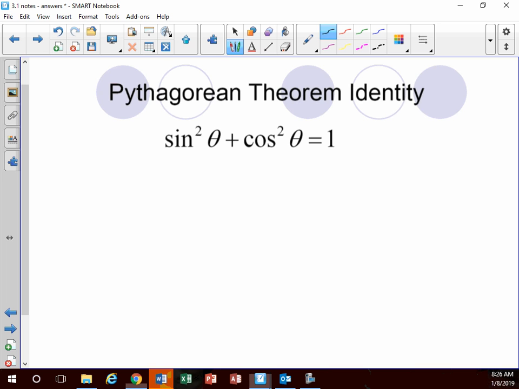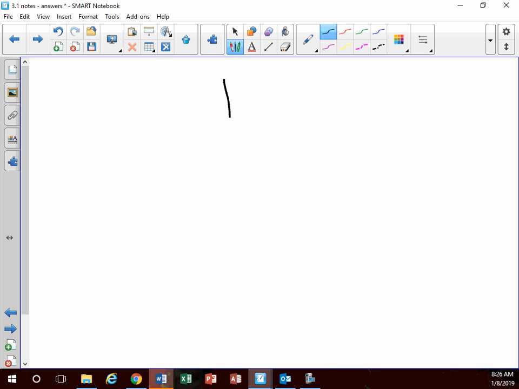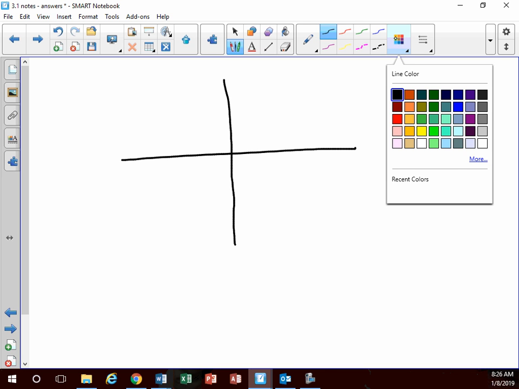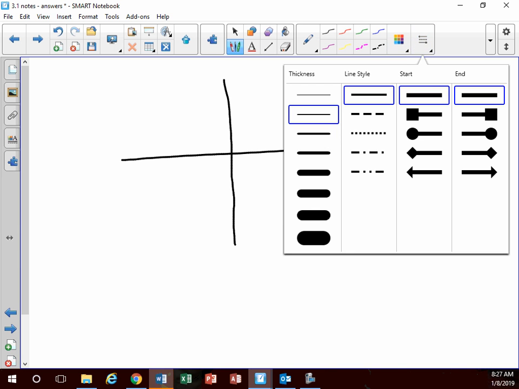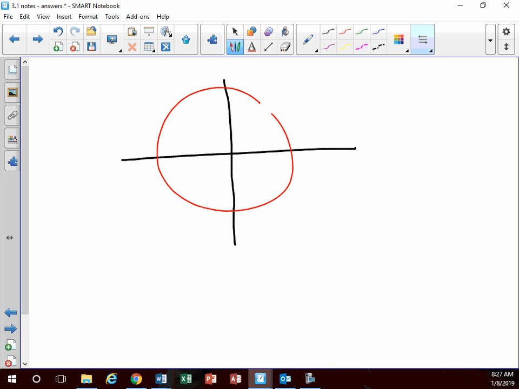Okay, guys, you don't have to write this part down. Let me just show you why this works. So let's say we have our circle. If there's a point on our circle, are you guys okay with the coordinates of it would be x and y? Okay. So if I drew in my little right triangle, do you guys understand that that side is x and that side is y.